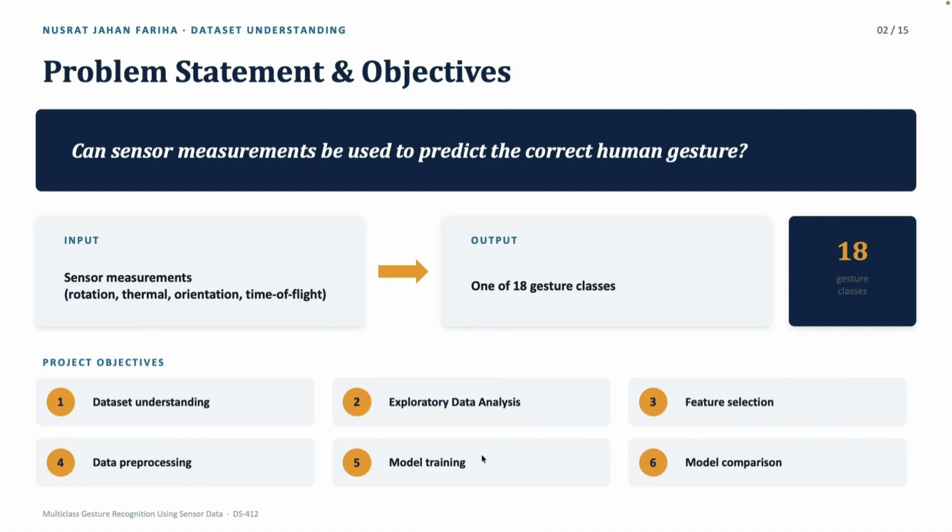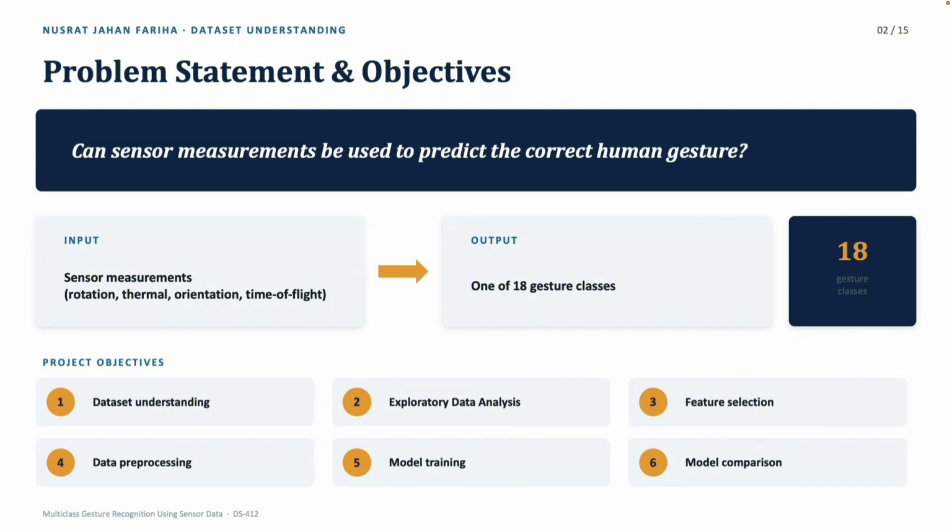Based on these sensor readings, our model tries to predict which one of the 18 different gesture classes the observation belongs to. So, in a simple way, we can say that sensor measurements are our input, and the predicted gesture is our output.